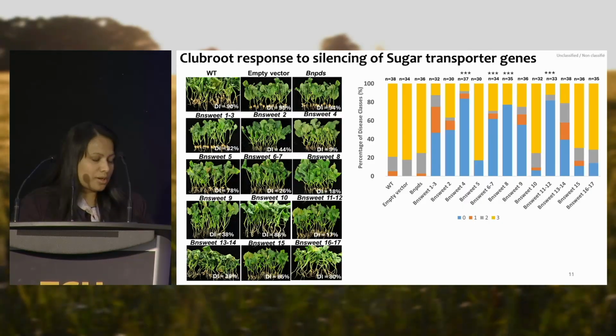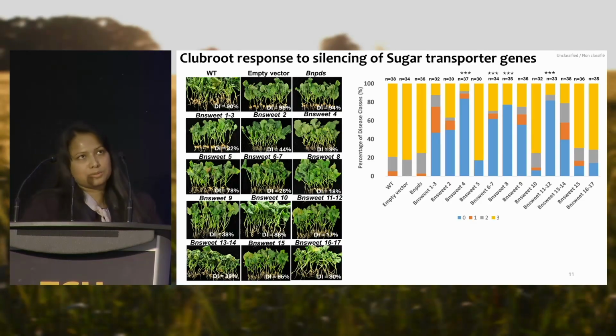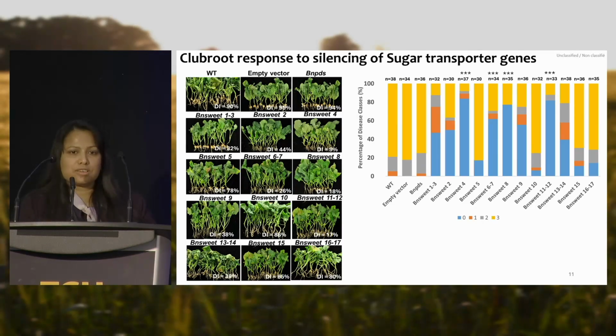The most effective ones were SWEET4, 6, 8, 7, and 11. SWEET11 has been reported to be effective in Arabidopsis. However, to our knowledge, this is the first example of high throughput functional validation of all the SWEET genes in Brassica.